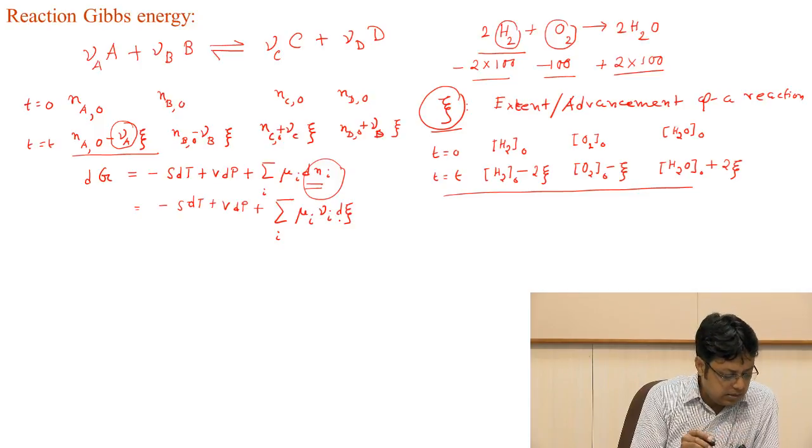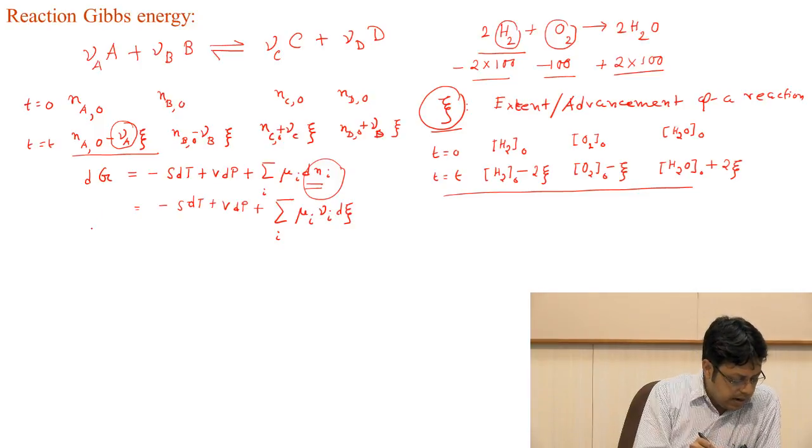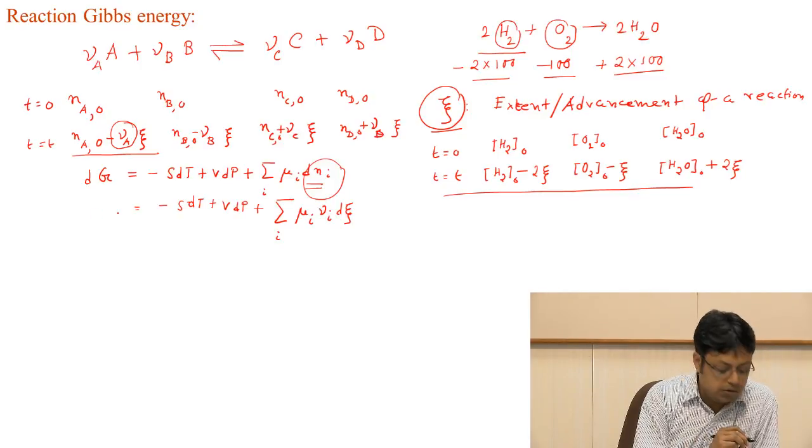So what we notice is that if I take the derivative of dG with respect to dxi, it will be the difference between all the products and reactants. Let us expand it.